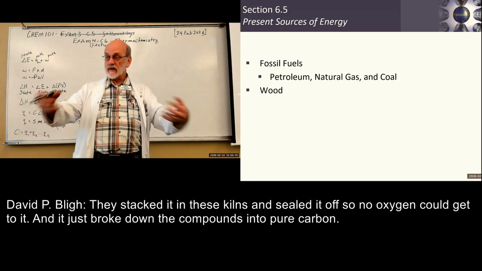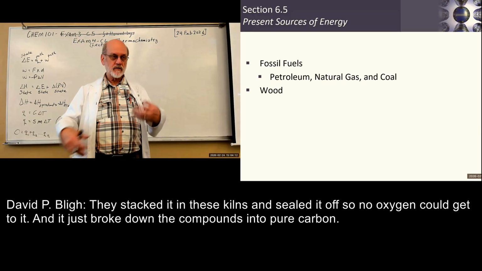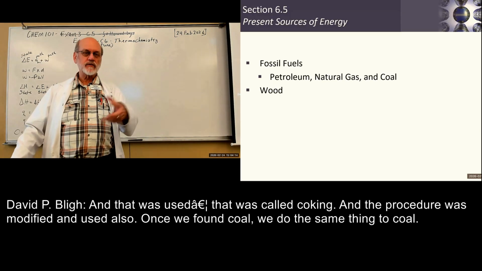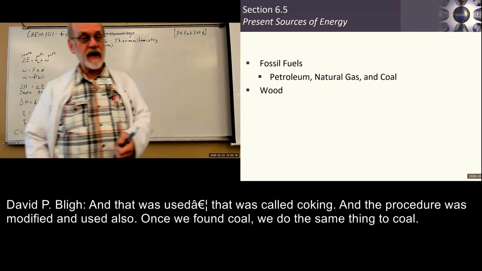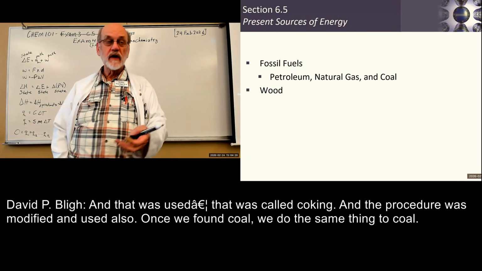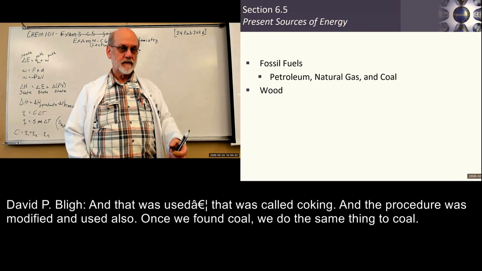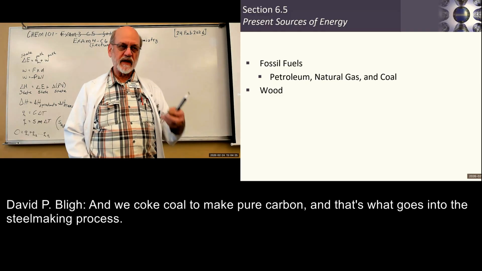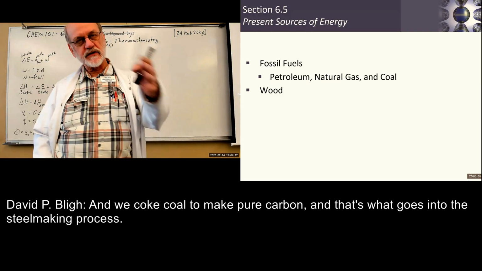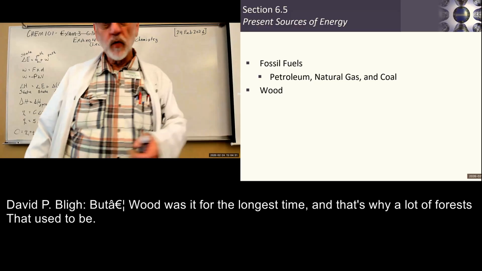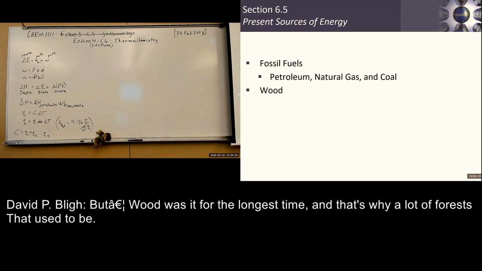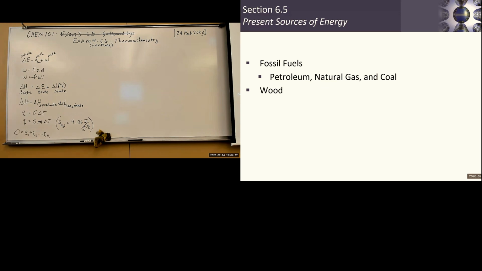And it just broke down the compounds into pure carbon. That was called coking. And the procedure was modified and used also. Once we found coal, we do the same thing to coal. And we coke coal to make pure carbon, and that's what goes into the steel making process. But wood was it for the longest time, and that's why a lot of forests that used to be aren't anymore.